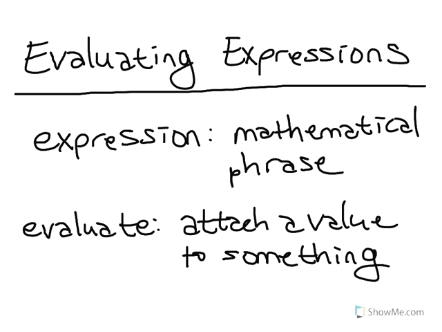We don't simply say, that's 5. We have rules, some of which we've already talked about in other ShowMes, such as the order of operations, for helping us to determine what the value of an expression is. Hopefully the examples I'm about to show you will help you understand more about both expressions and how to evaluate them.